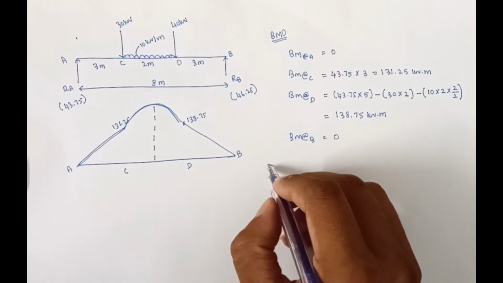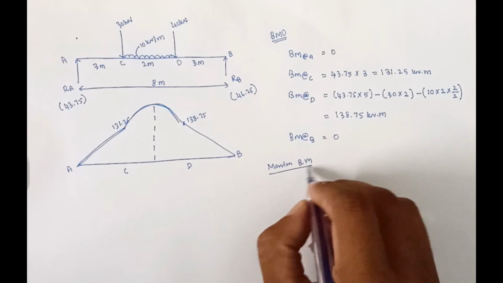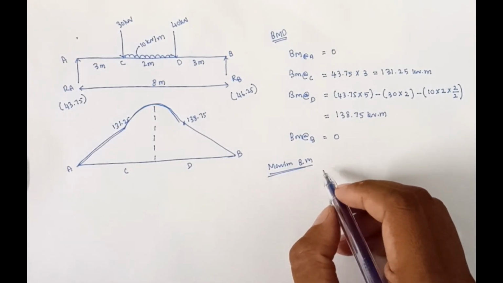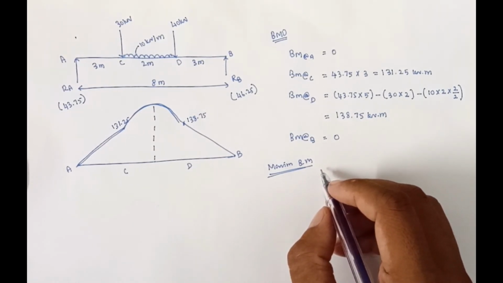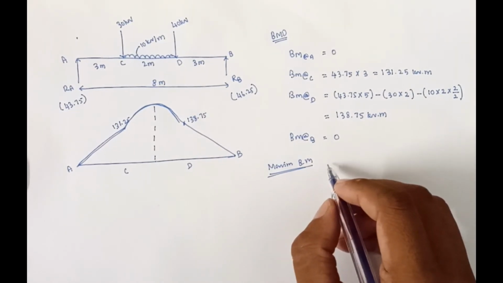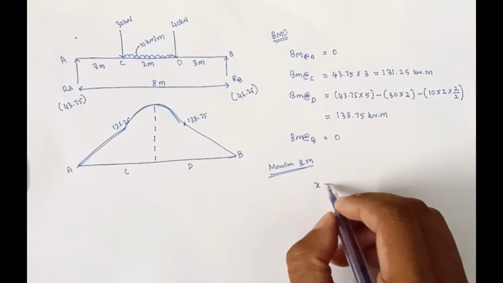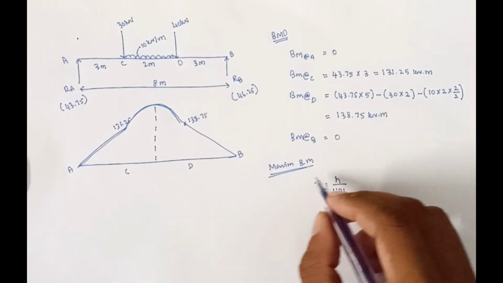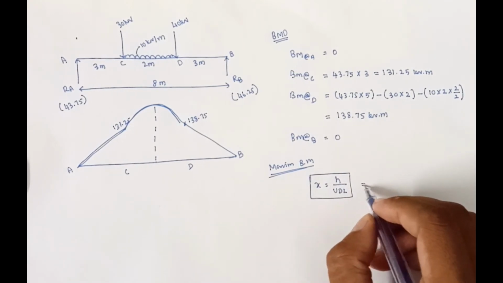The maximum bending moment lies where the shear force is 0. When the shear force becomes 0, the maximum bending moment occurs there. So for the maximum bending moment, x equal to h by UDL. This is a simplified formula, and we can easily get the distance of the maximum bending moment.